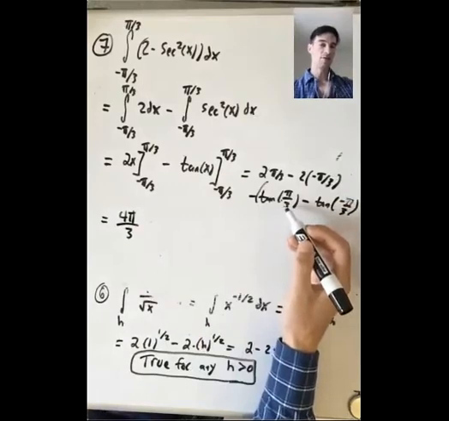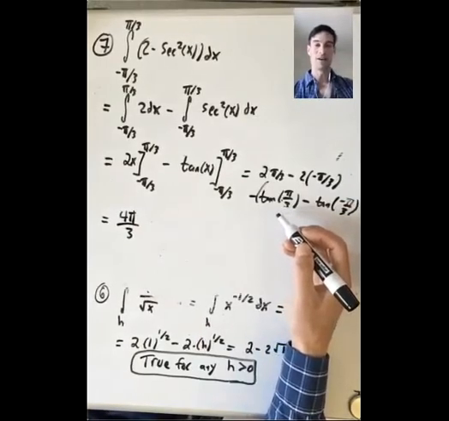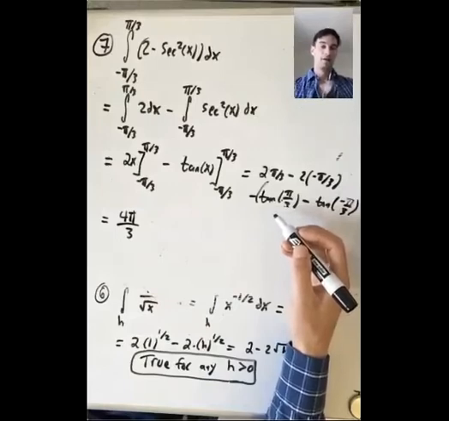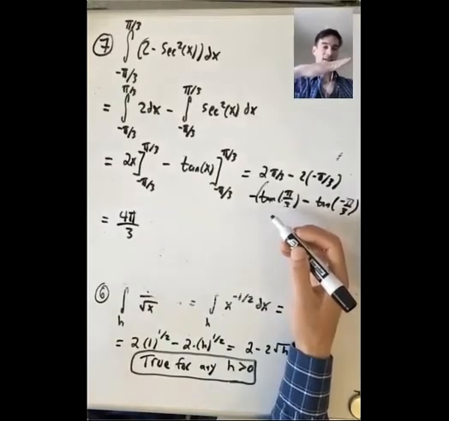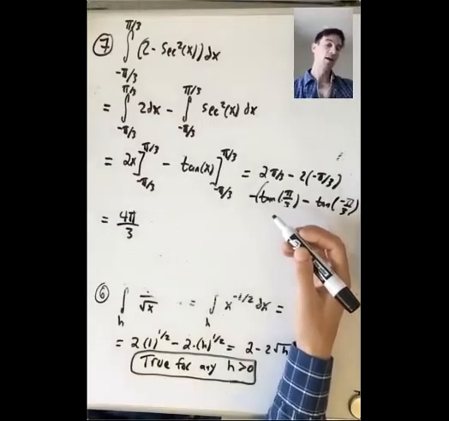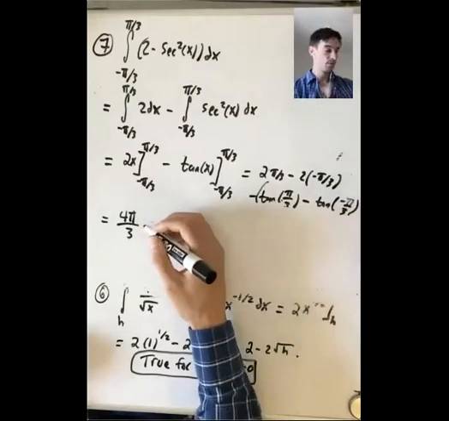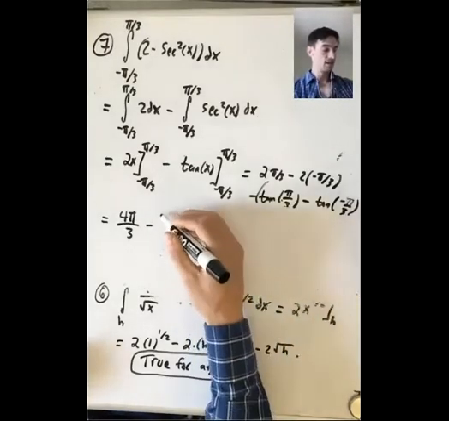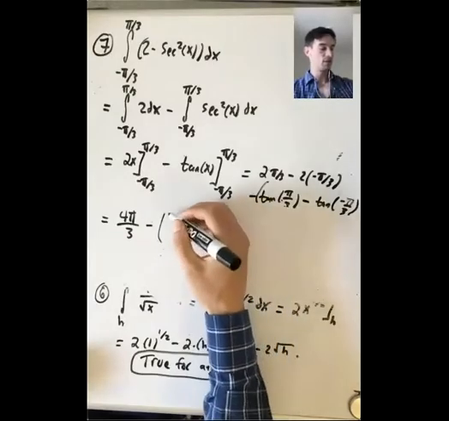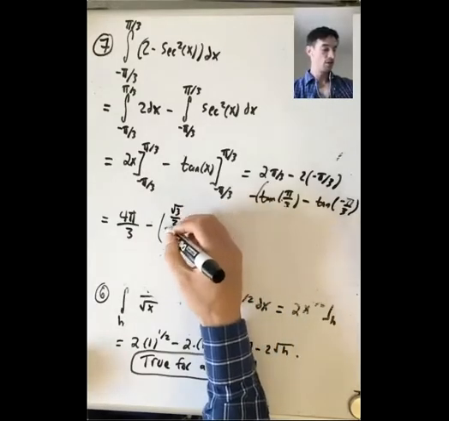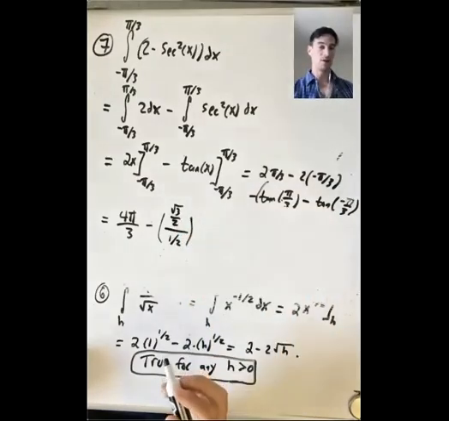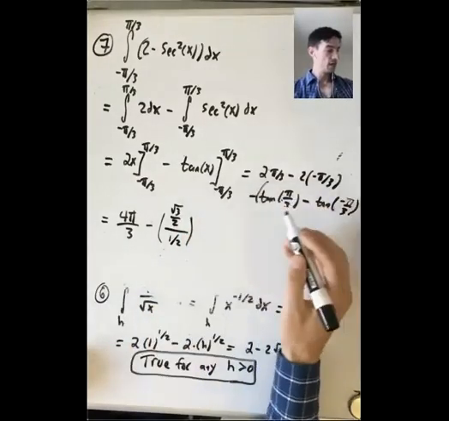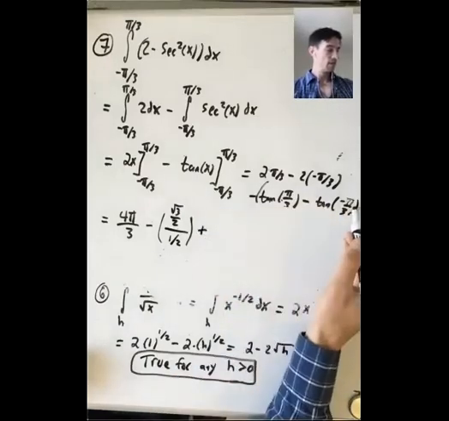What is tangent of pi over 3? Well, what values of sine and cosine do you know? Starting from 0, we have pi over 6, that's 30 degrees. Pi over 4, 45 degrees. Pi over 3 is 60 degrees. So that's where cosine is equal to a half, and sine is equal to square root of 3 over 2. So we get minus sine over cosine, so square root of 3 over 2 divided by 1/2. That's just square root of 3. And here we have a minus minus, plus tangent of negative pi over 3.